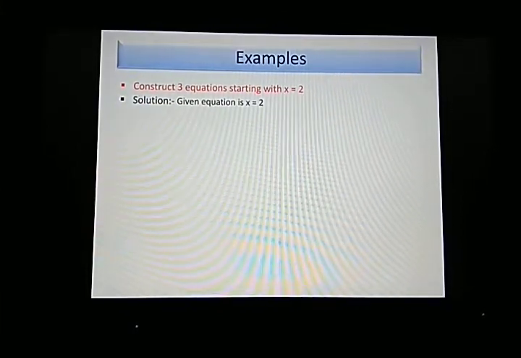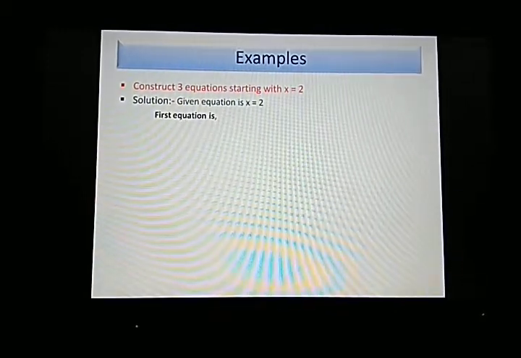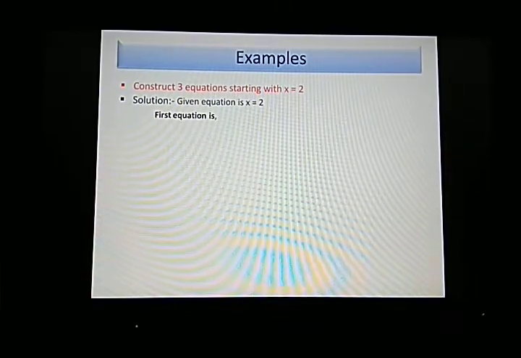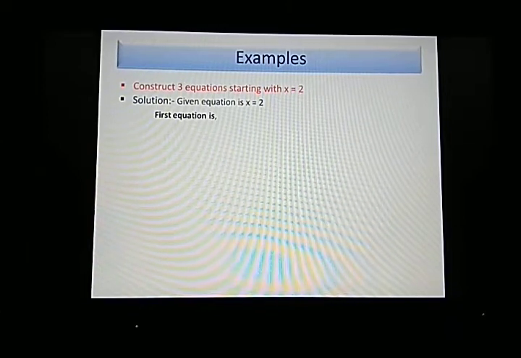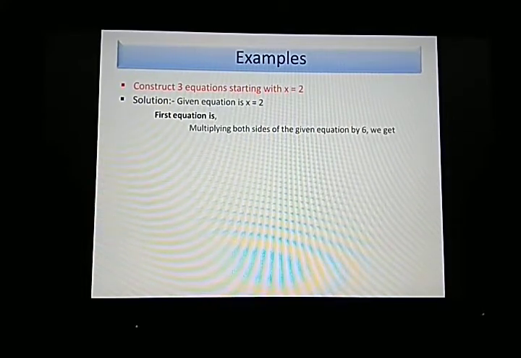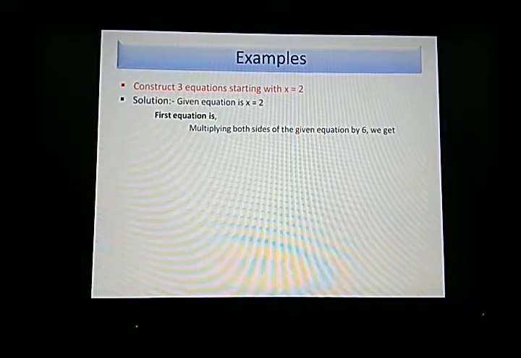So first of all, we will write what is given, that is x equals 2. Next, for writing the first equation, we can apply some mathematical operations onto the left hand side as well as onto the right hand side. First of all, we will multiply both the sides of the given equation by 6.